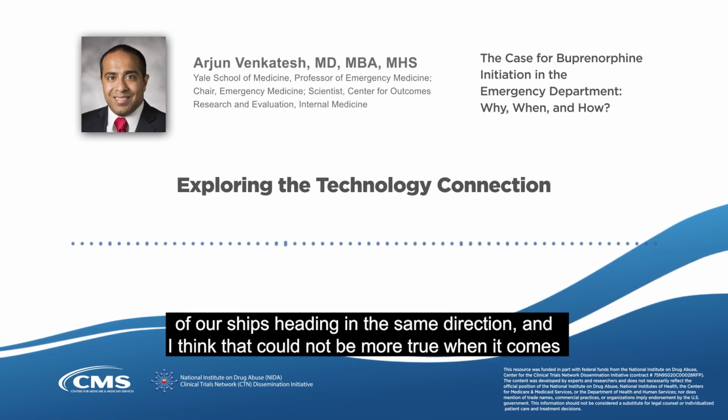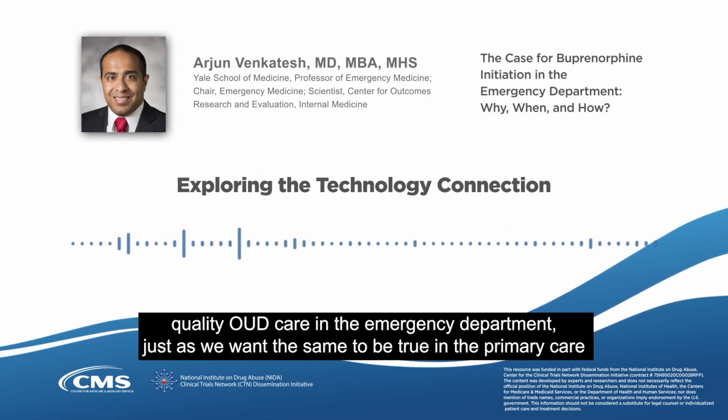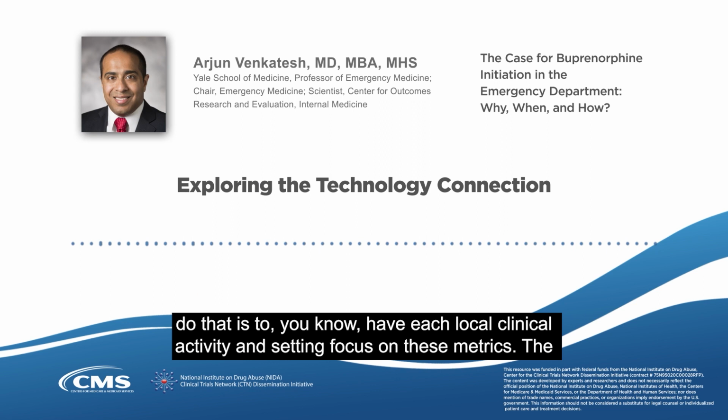And I think that could not be more true when it comes to OUD care and health systems. We want to have metrics and registries that support the highest quality OUD care in the emergency department, just as we want the same to be true in the primary care settings, in those registries, and in addiction medicine and in follow-up.